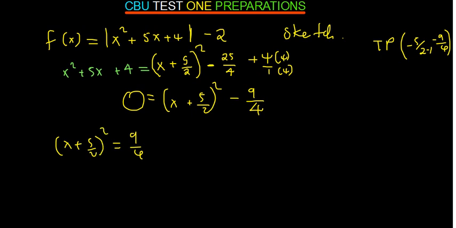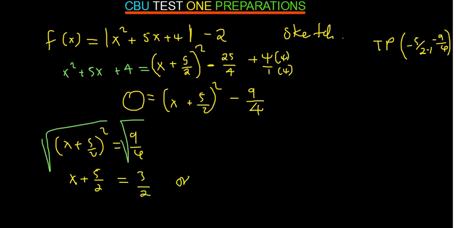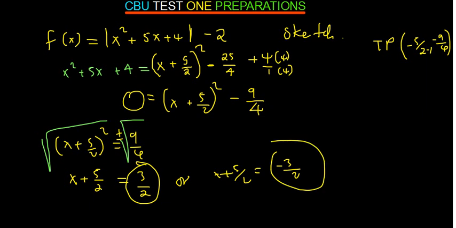To do away with the square, I'm going to square root both sides. So we are going to have x plus 5 over 2 being equal to the square root of 9 is 3, square root of 4 is 2, so 3 over 2. Or x plus 5 over 2 being equal to negative 3 over 2. When you take a square root of a number, it's going to be either positive or negative. That's why I've written positive and then negative.